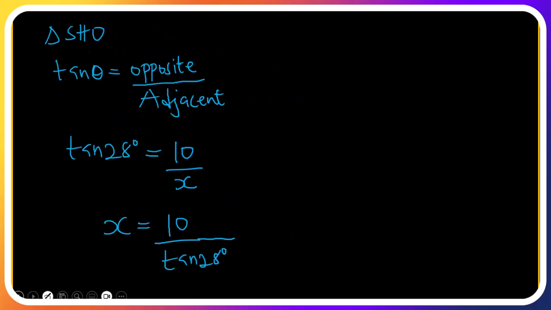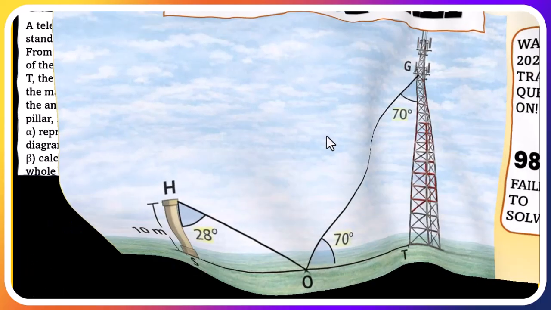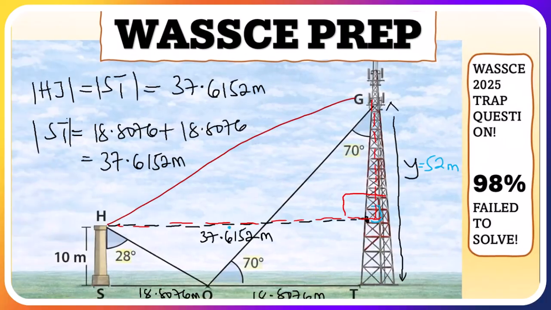Triangle HJG is a right angle triangle, and with the help of the Pythagoras theorem we can resolve the length of the side HG. Since HG faces the 90 degrees angle, that side becomes our hypotenuse.